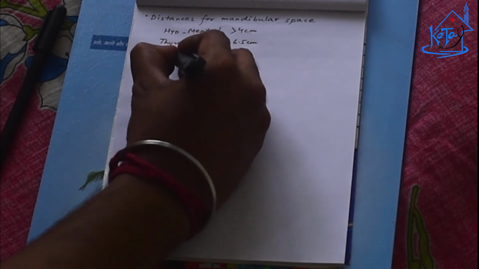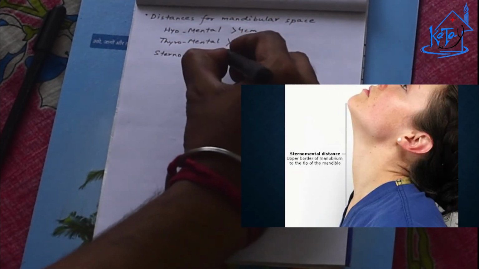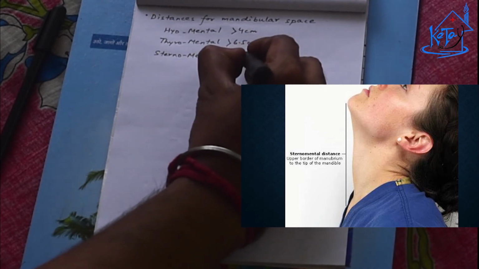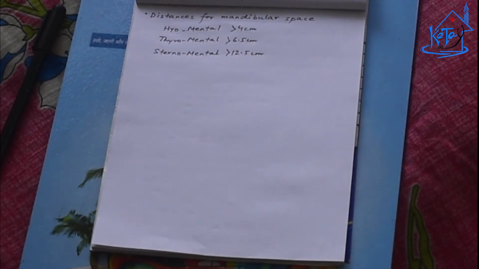Then there is sternomental distance, which should be greater than 12.5 centimeter. If it's less, then it might lead to difficult intubation.